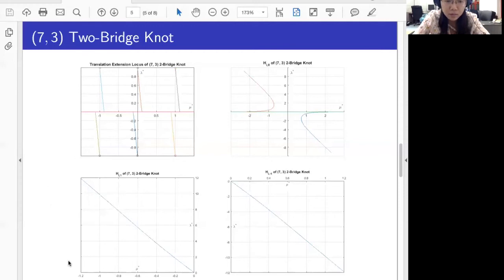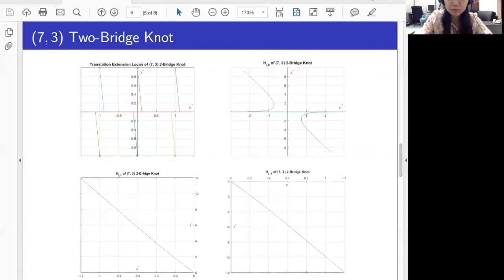The bottom left picture is h_i1 of the holonomic extension locus of the 7_3 two-bridge knot. So this curve belongs to h_i1, and the translation number of the longitude is 1. The bottom right picture is h_i(-1) of the holonomic extension locus, so the translation number of the longitude is minus 1.